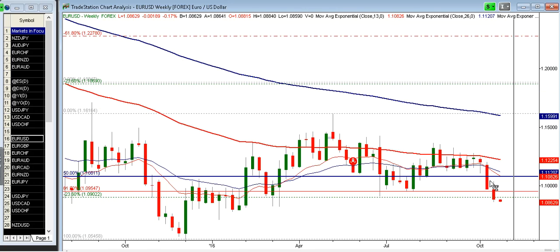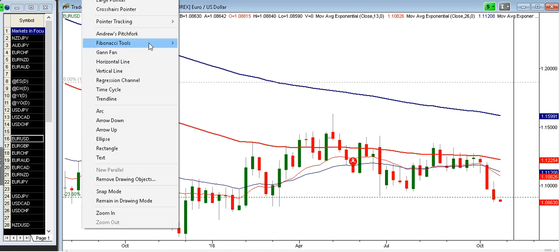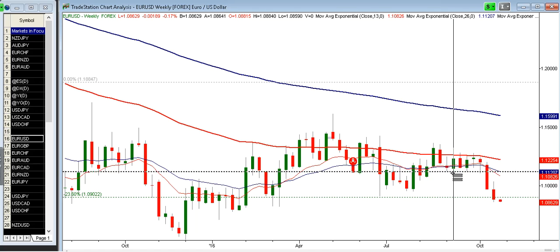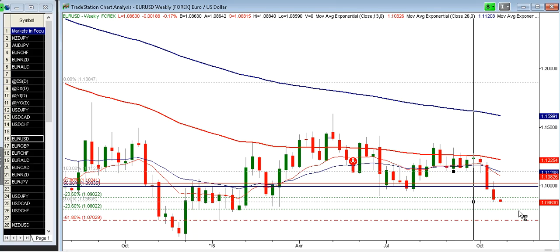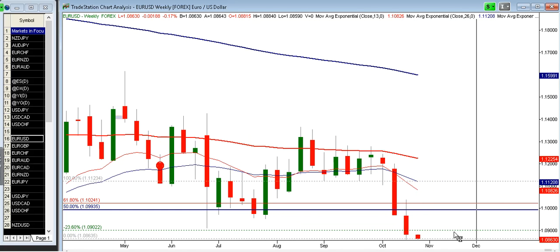Now, whenever we get a break of this level, very often we have a retest. If that happens, this market has the opportunity to retest the highs here, and if it doesn't print lower lows, at this stage that would be around 109, 110 basically.